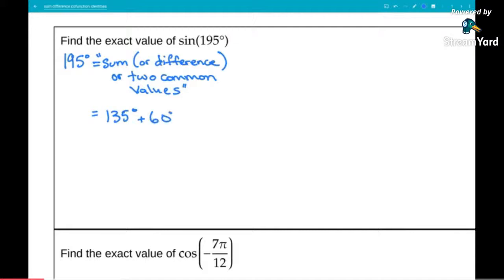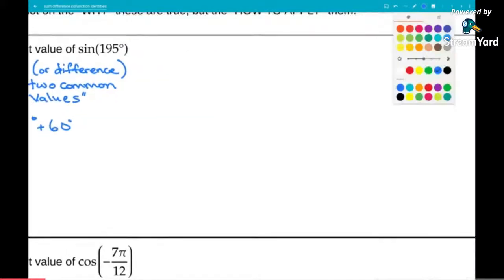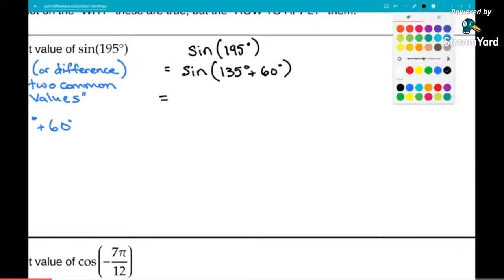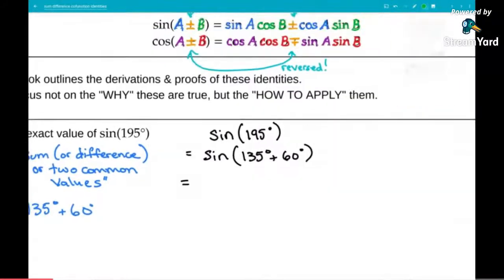This takes a little bit of guesswork, but we quickly can find out that 135 plus 60 degrees makes 195. The reason I chose those values is because they're angles of rotation along the unit circle. So we begin by rewriting 195 as the sum of two angles, and now we're going to apply the identity, the sine for the sum of two angles.